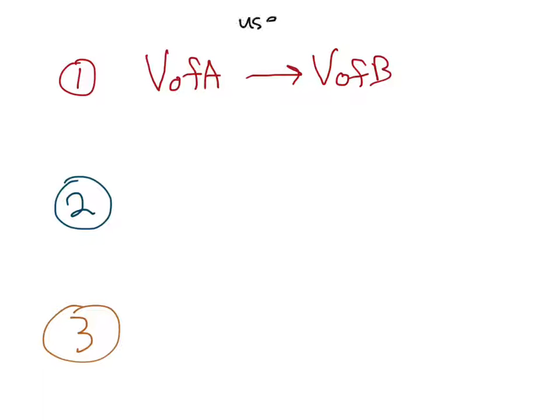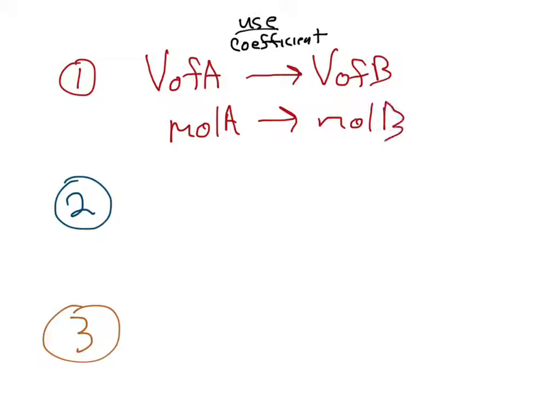We use the coefficient from the balanced chemical equation. And we will look at an example of this in just a moment. But just keep in mind that the way that you go volume A to volume B is exactly the way that you go mole of A to mole of B. This is the easiest type of stoich problem. And again, we're going to go over an example.